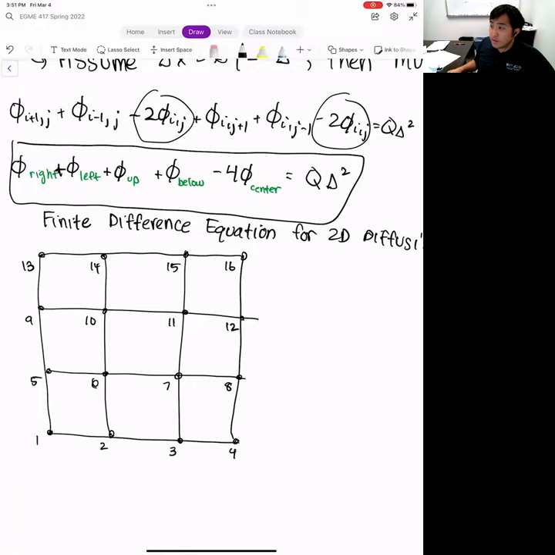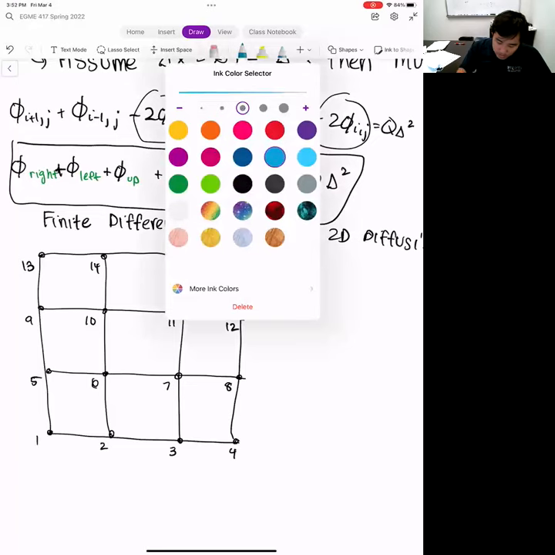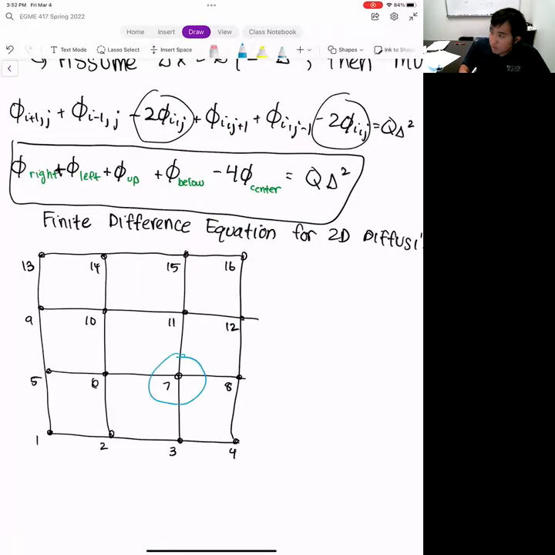After you obtain the equation above, let's go ahead and apply this to some of the interior nodes. I'm usually going to give you a node number for this because there's 16 nodes, and I can't ask you to write 16 equations on the exam because that would be a little bit too much. And so let's say, for instance, that I want you to apply this on node number 7.